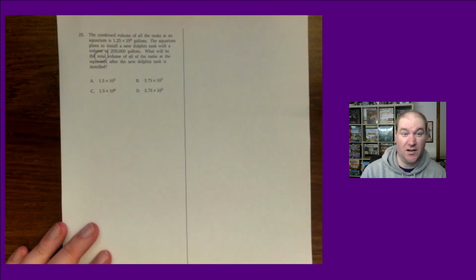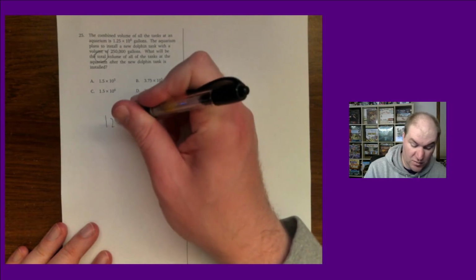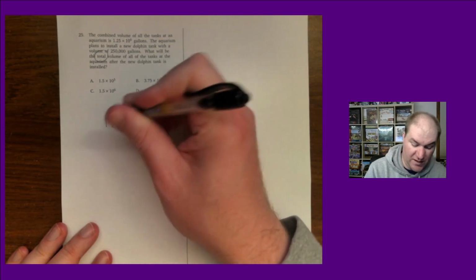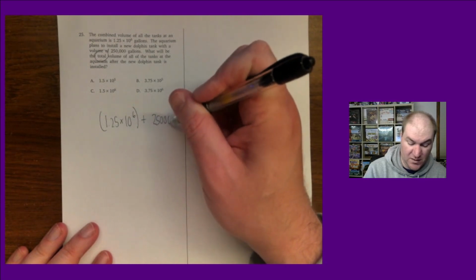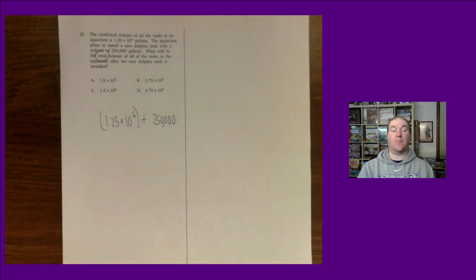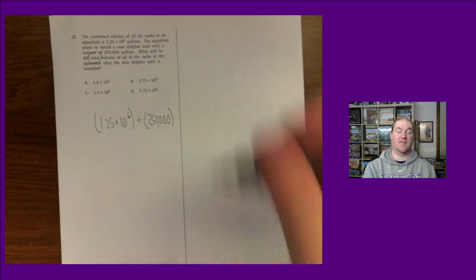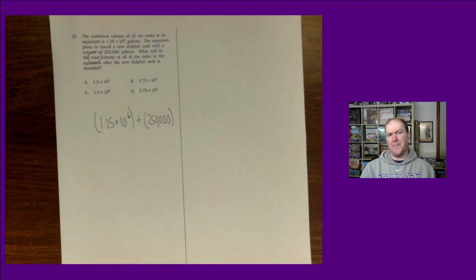You have a calculator, so on your calculator, you should just type 1.25 times 10 to the 6 plus 250,000. When I do this, I put each number in parentheses on my calculator because I don't want to mix up the exponents or the scientific notation of each number. I just want the calculator to do the work for me without mixing everything up.